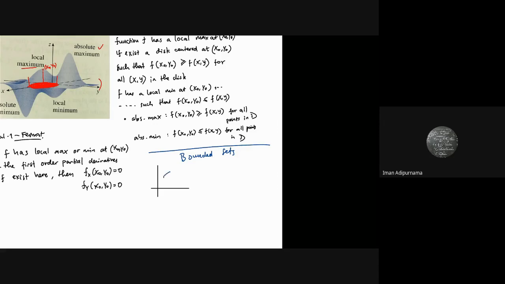If you have an area like that in 2-dimension, or any function that you want to observe the minimum or maximum, you can take some box like this and make a bounded set.